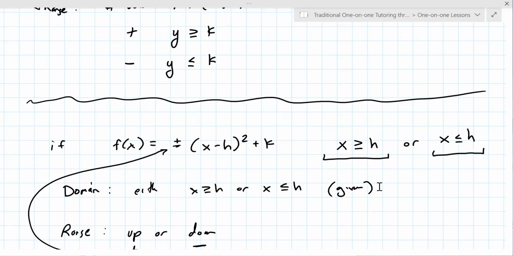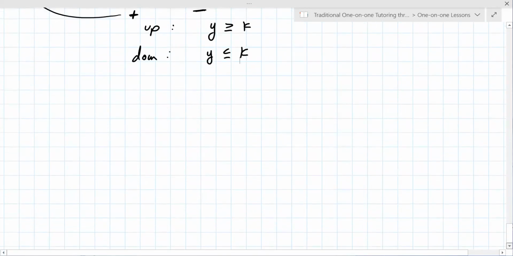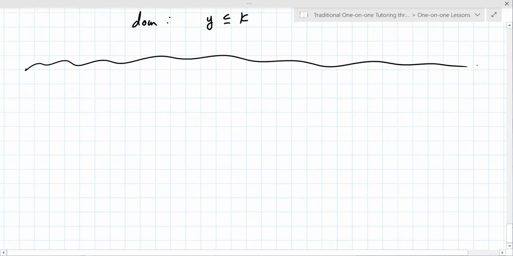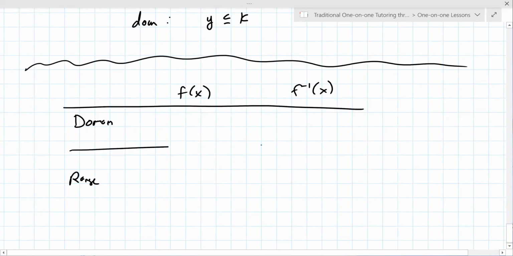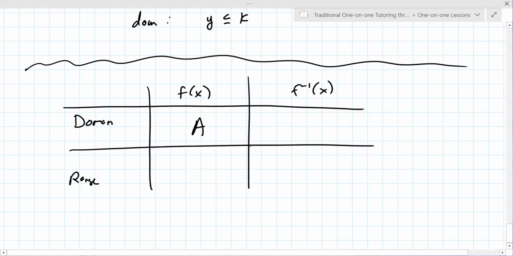Okay, the last thing I'll summarize here, and we've already done this a bunch of times, is the domain and the range. This table, here's your original function, here's your inverse function. Whatever goes here for the domain goes down here for the range.